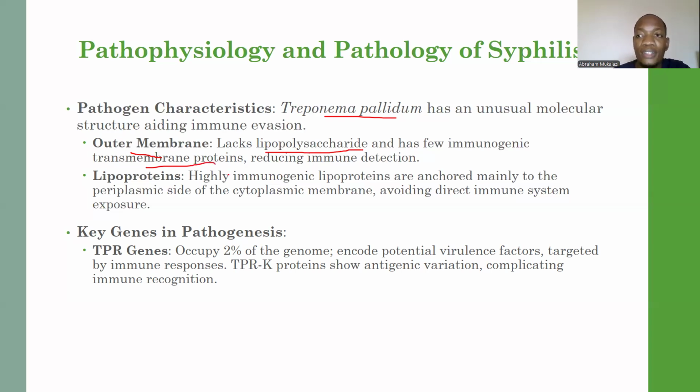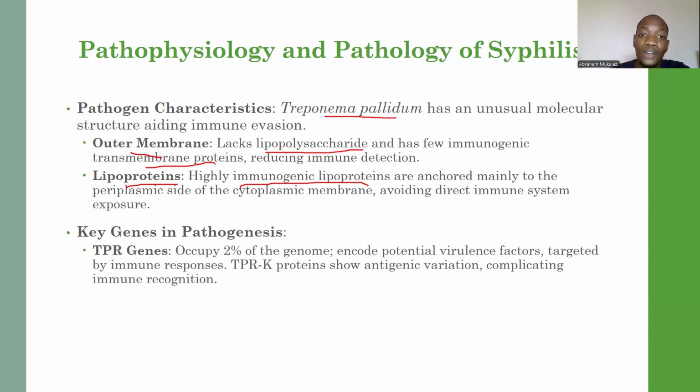So because of this, it is a little bit hypoantigenic, meaning that it doesn't express a lot of antigens for your body to mount an immune response. The other thing is that the lipoproteins that are immunologically active, the good, strong antigens, are actually expressed within the inner surface of the cell membrane, meaning that they have no access to your immune system.